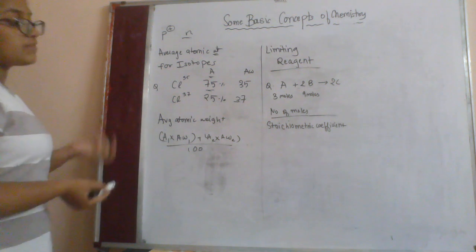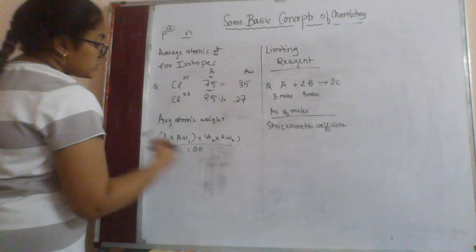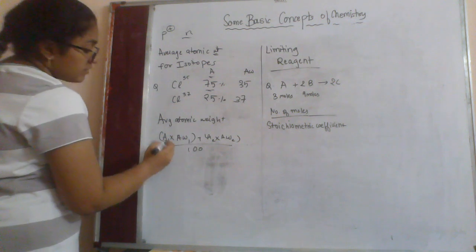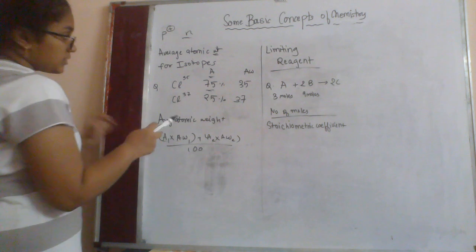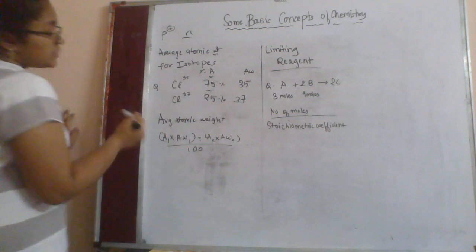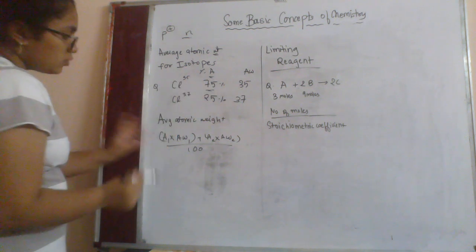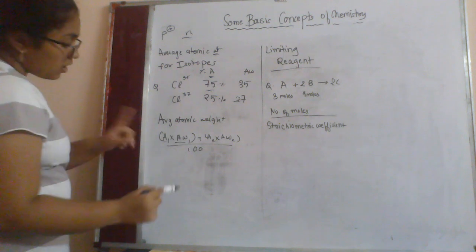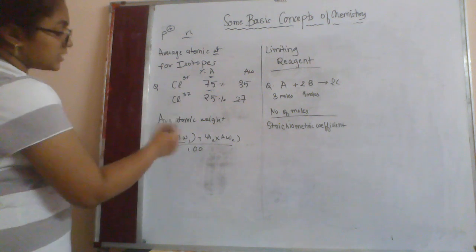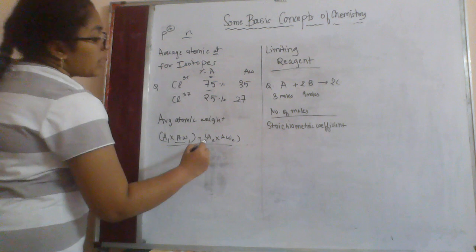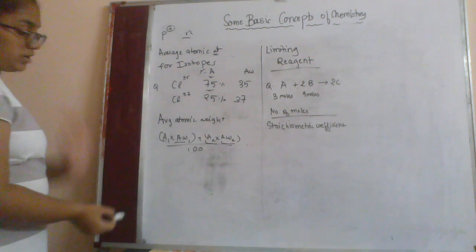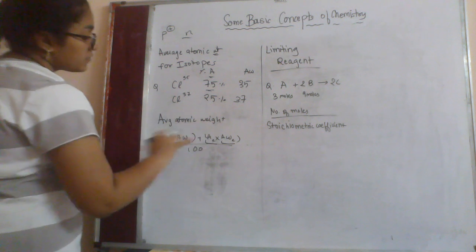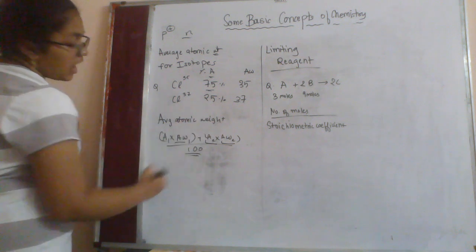So how to calculate average atomic weight? You can calculate it with the formula like this, that is A1 into AW1, that is percentage abundance into atomic weight of the first isotope, plus again percentage abundance into atomic weight of the second isotope, and so on. If you have as many isotopes, you have to do it in the same manner, divided by 100.